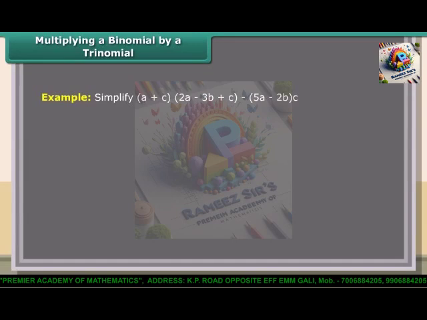Example: simplify (a plus c) into (2a minus 3b plus c) minus (5a minus 2b) into c.